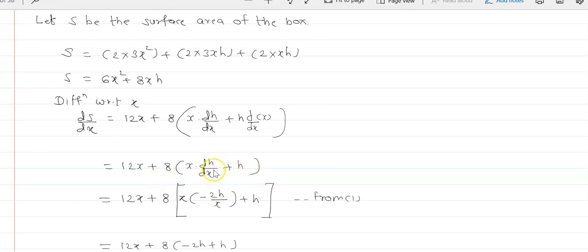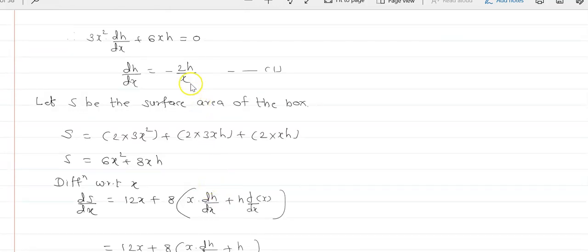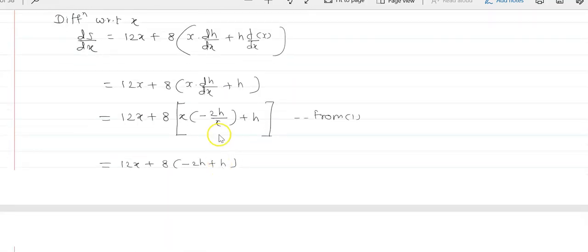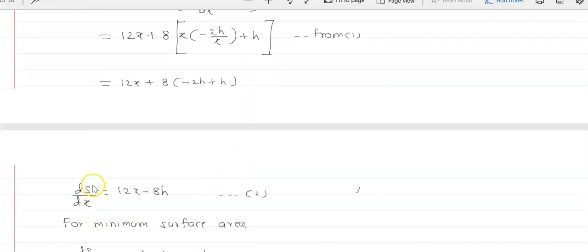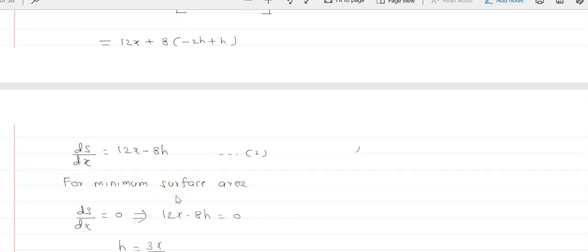Now substitute the value of dh upon dx, which is minus 2h upon x. If we substitute here, you will get 12x plus 8 in bracket minus 2h plus h. Therefore, dS upon dx is equal to 12x minus 8h. This is equation number 2.